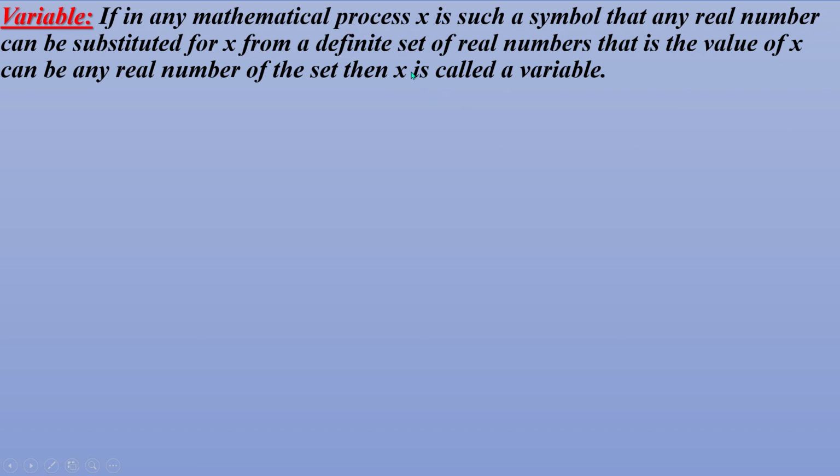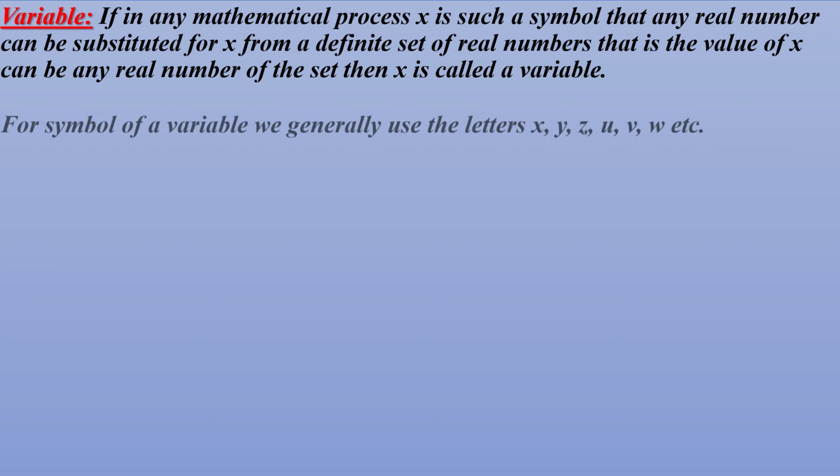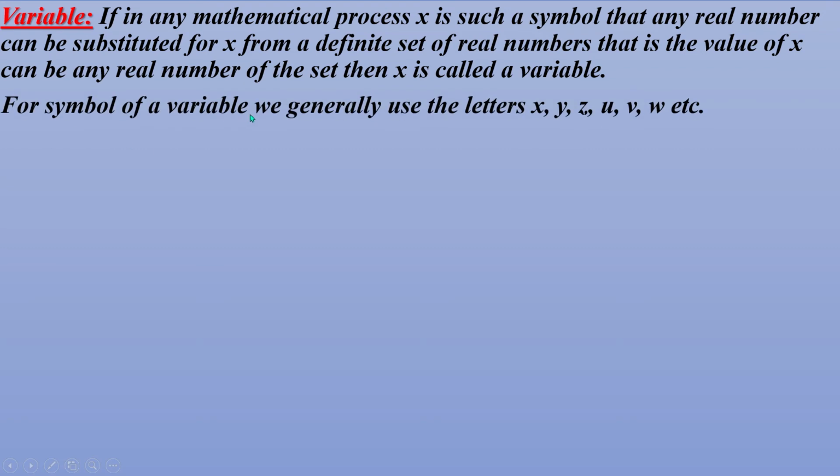That means the value of x will be changeable because the values of x are any real numbers. You can use any real number. For symbol of a variable, we generally use the letters x, y, z, u, v, w, etc.